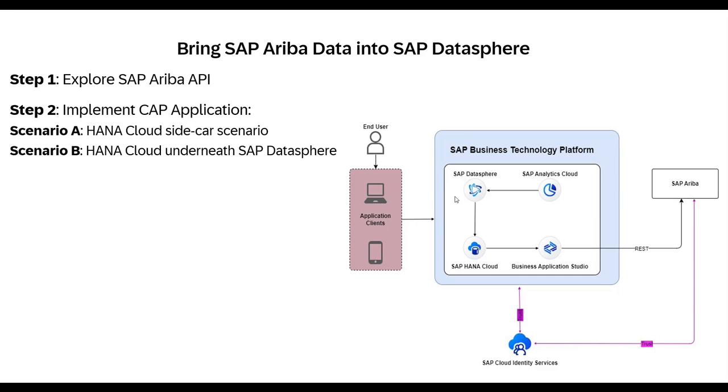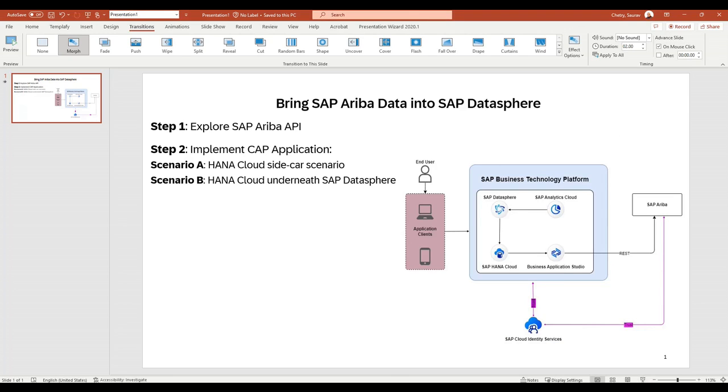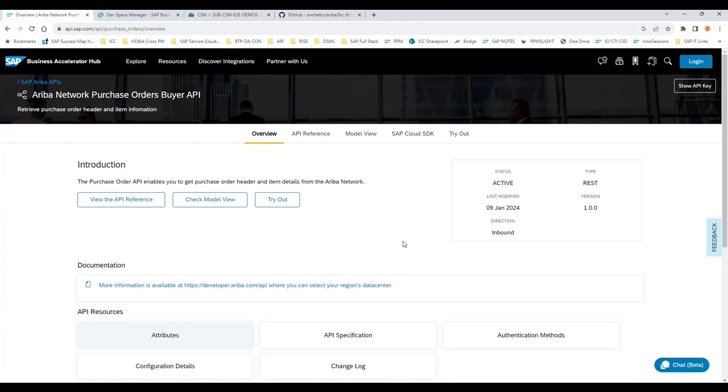So let's go into the system and see what I did for this proof of concept for this implementation. I'm using SAP Business Accelerator Hub for finding the SAP Ariba APIs that I can use. For this purpose, I selected Ariba Network Purchase Orders Buyer API.